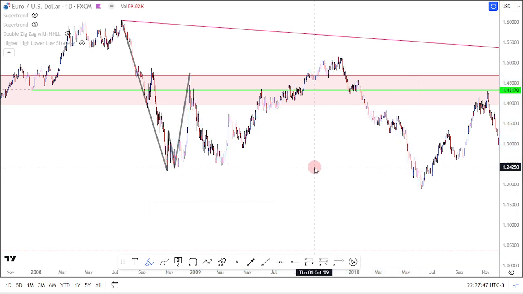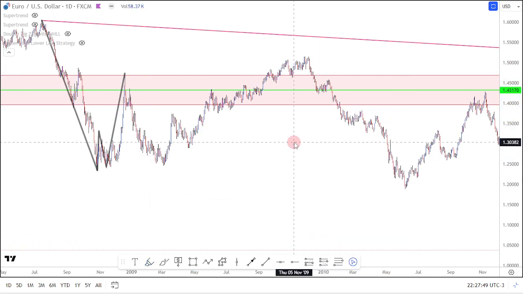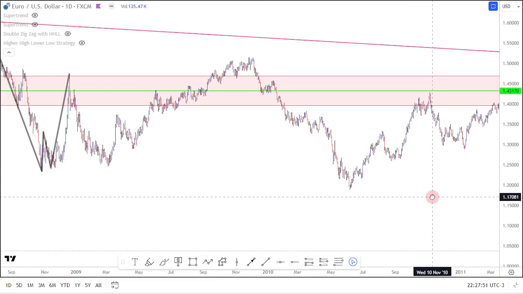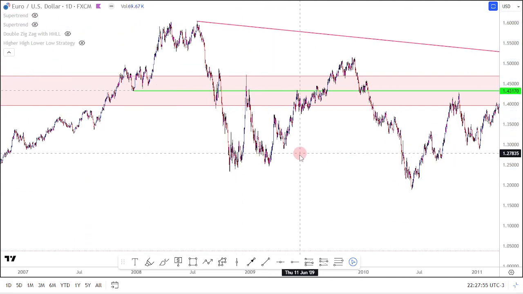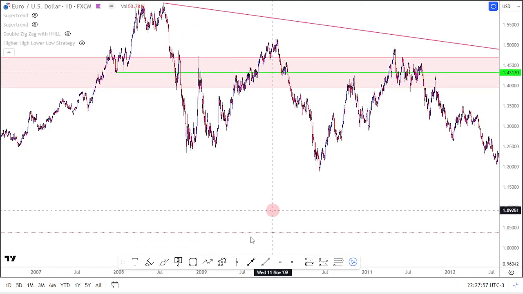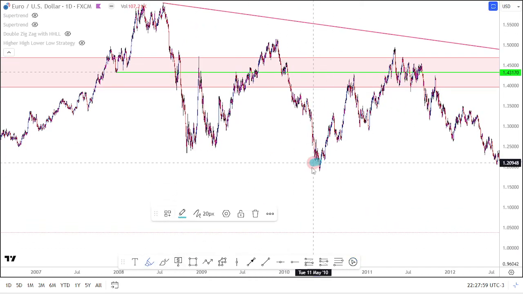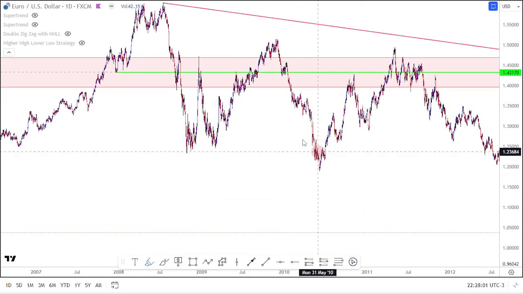Okay, so just want to make it fast. Okay, so market structure, we are going to go in this way. All right, so since the market already made a low here, we're just going to go like this.